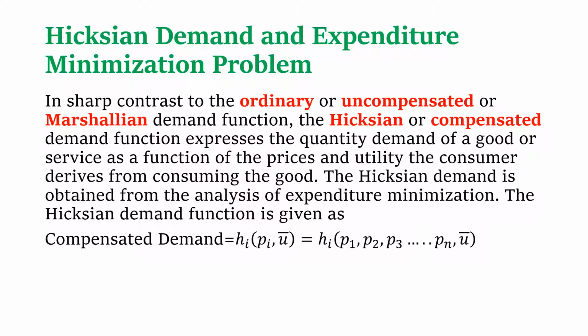So what we are saying here is that in an expenditure minimization problem, the goal is to find out what is the least amount of expenditure the consumer is going to spend on the two goods, assuming that he is consuming only two commodities.